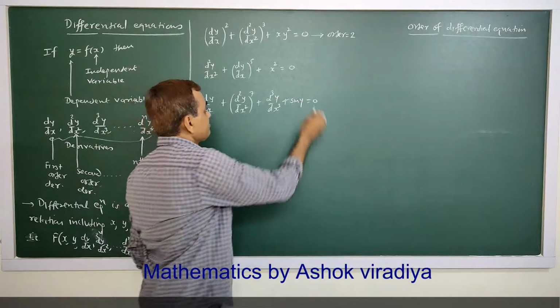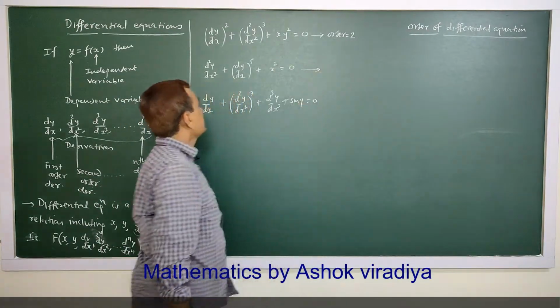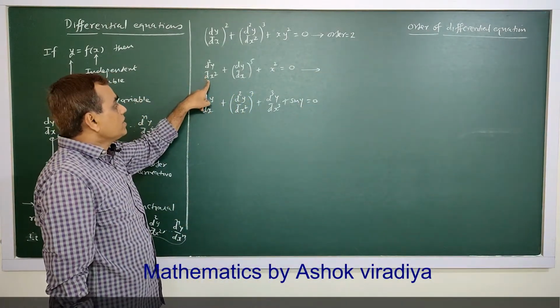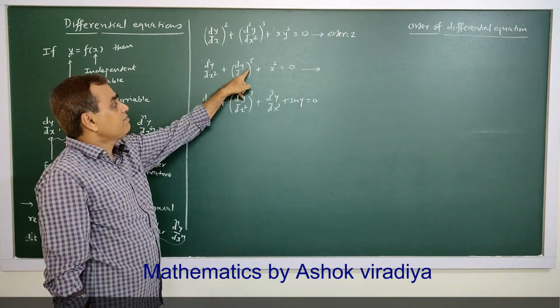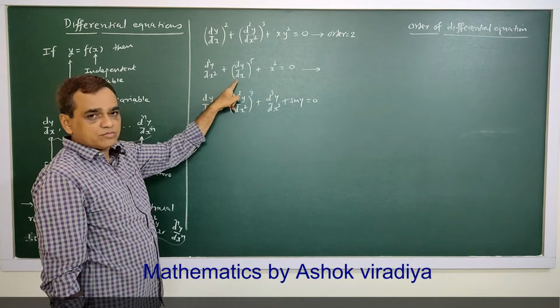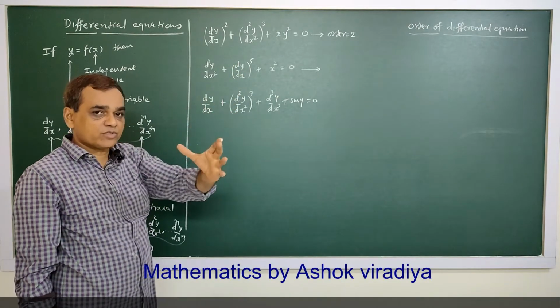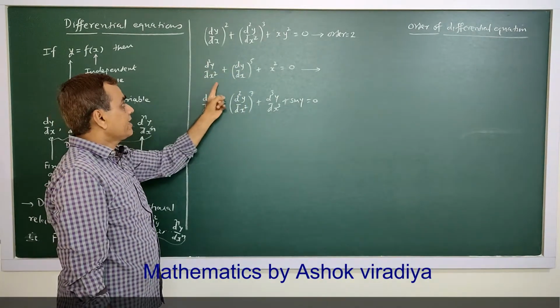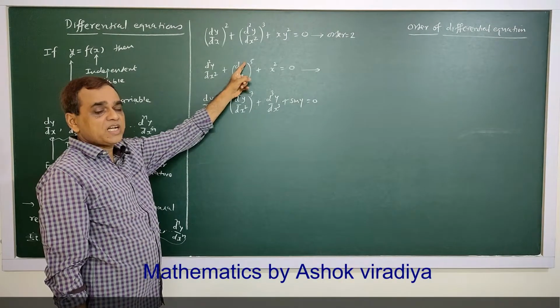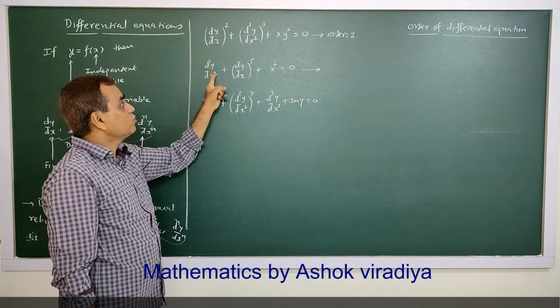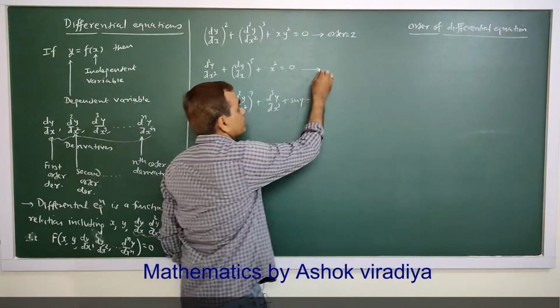Look at this equation. This is the second order derivative and this is the first order derivative. Check only derivatives. Second order derivative, first order derivative. So which is the highest order? 2. So the order is 2.